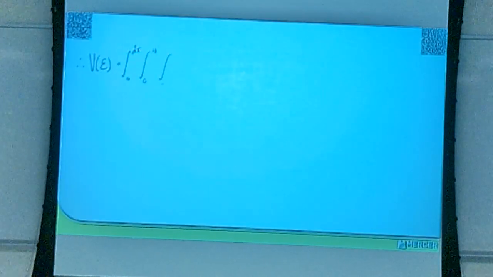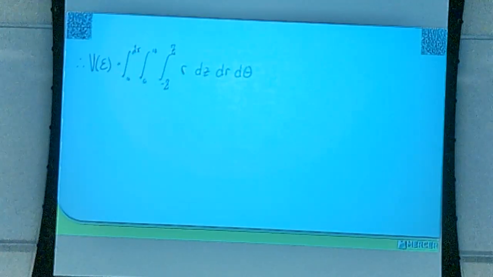Volume of the ellipsoid. Angle 0 to 2 pi. R from 0 to 10. And Z goes from negative big Z to big Z. R Z, R dz dr d theta.